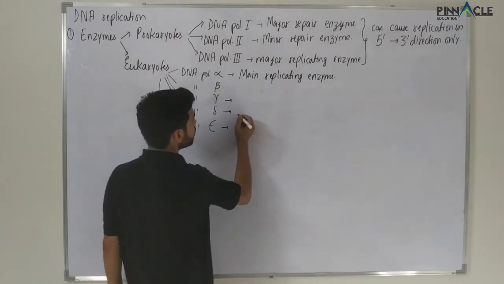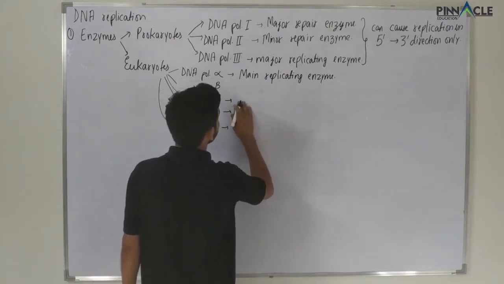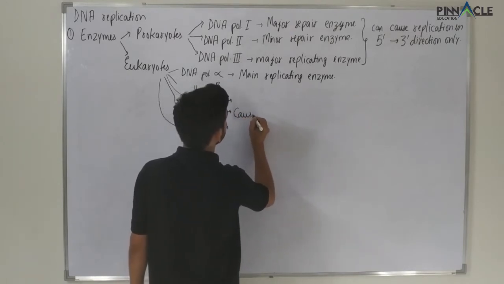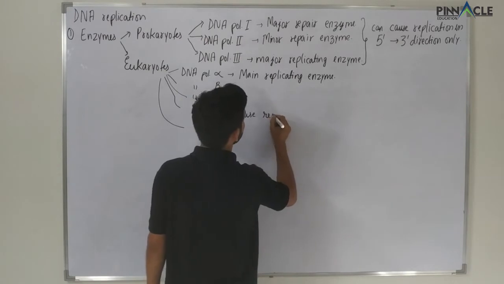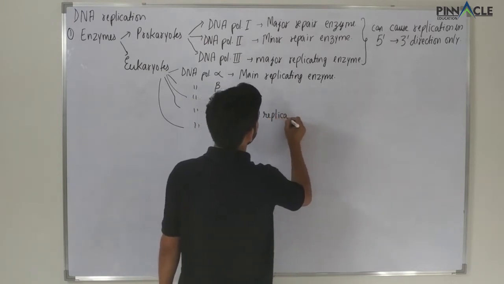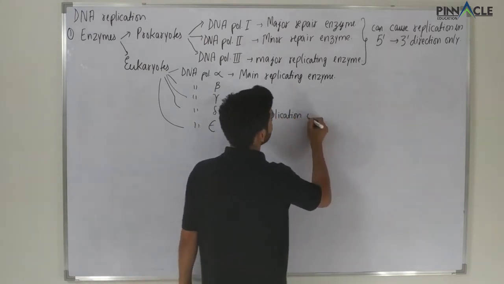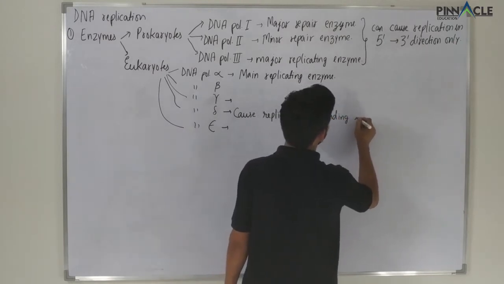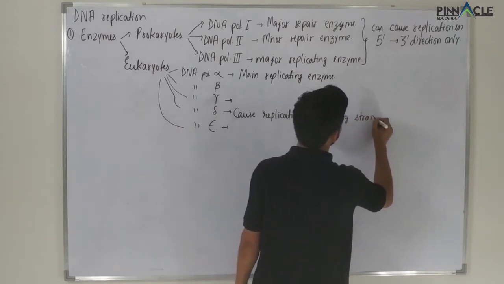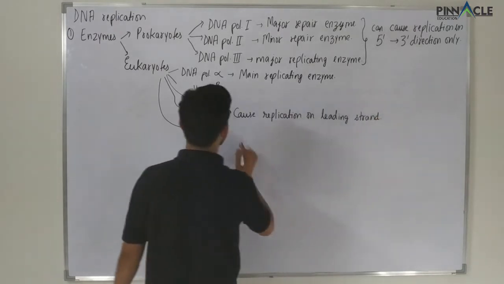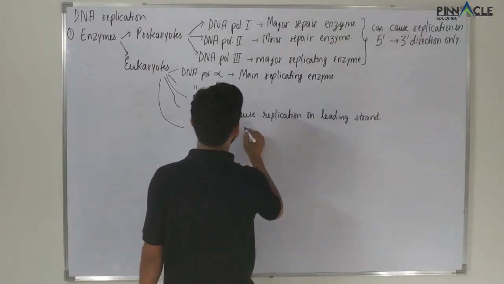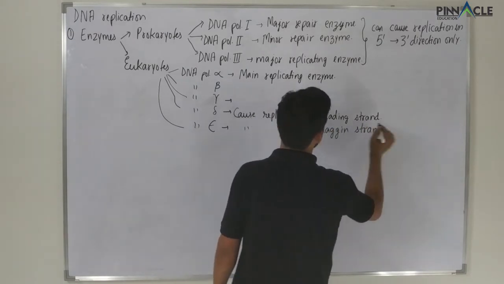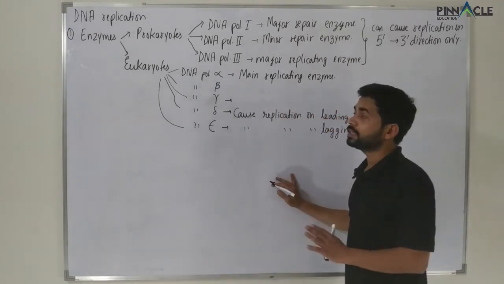So this delta will cause replication on the leading strand. So these are the major replicating enzymes.